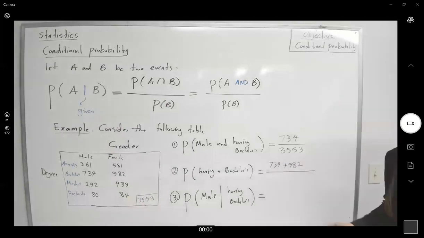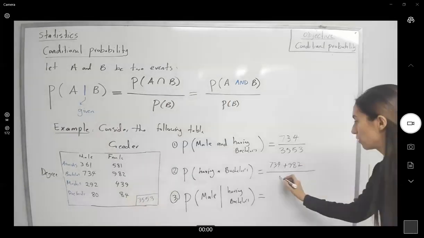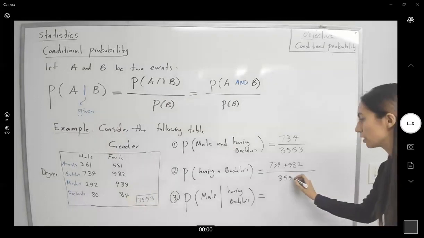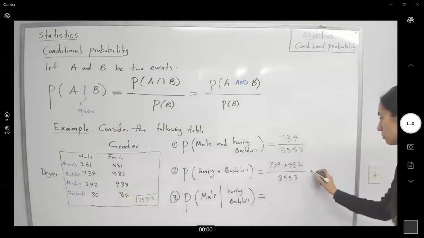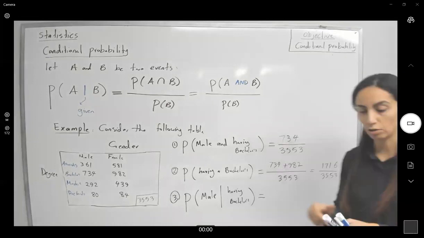But divided by what? What is the sample space? Again, out of the total population, 3,553. Okay, let's add this together: 1716 divided by 3553.